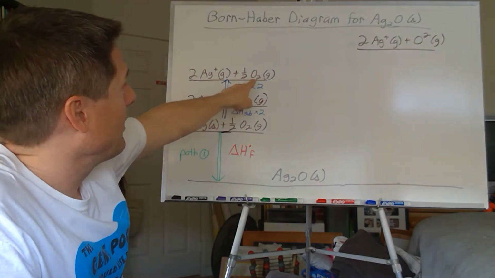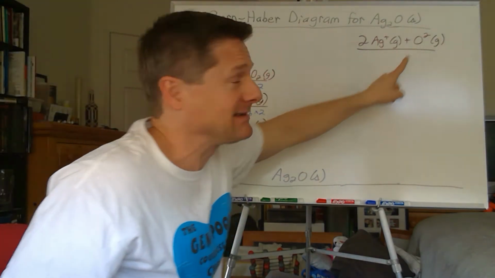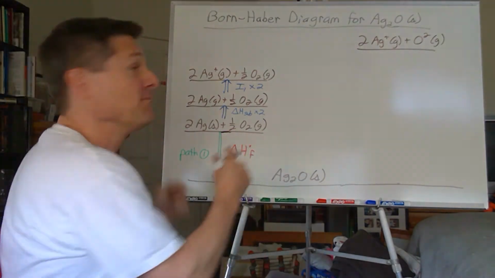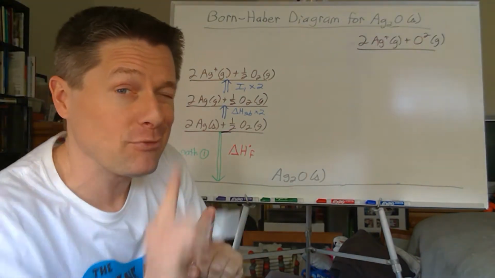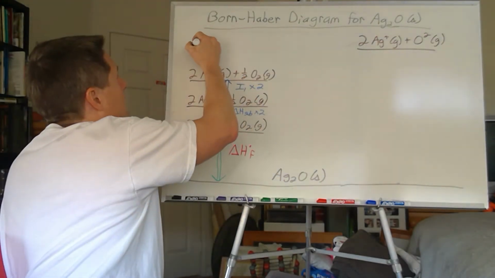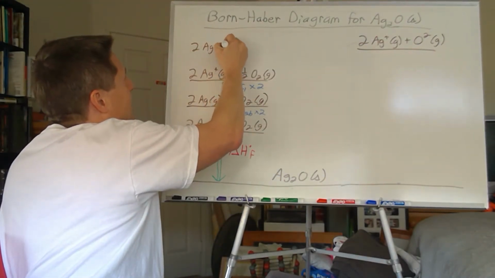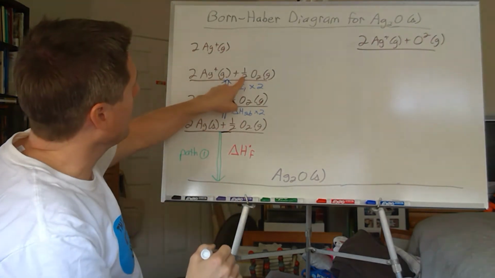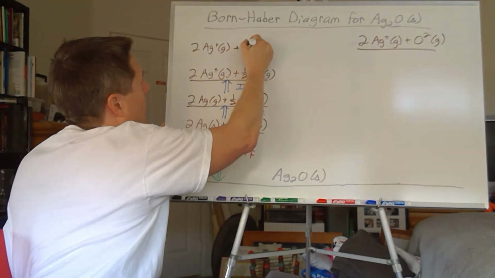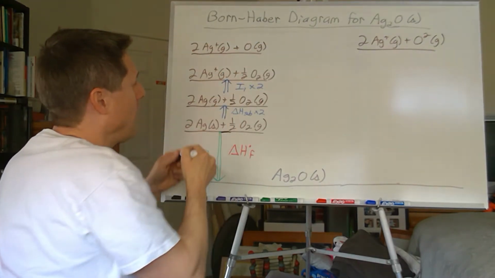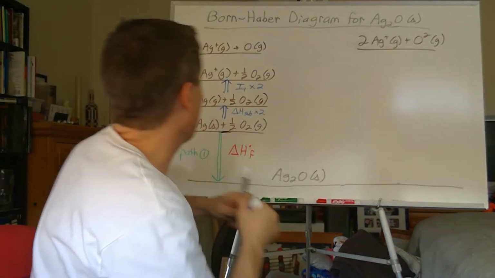Now let's take the nonmetal. That's O2. That's diatomic. We need to break that diatomic element up. Breaking bonds is endothermic. That's pointing up, right? So let's go to the 2 Ag plus gas, and then we are going to break that apart to get 1/2 times 2 is just 1 oxygen atom in the gas phase.